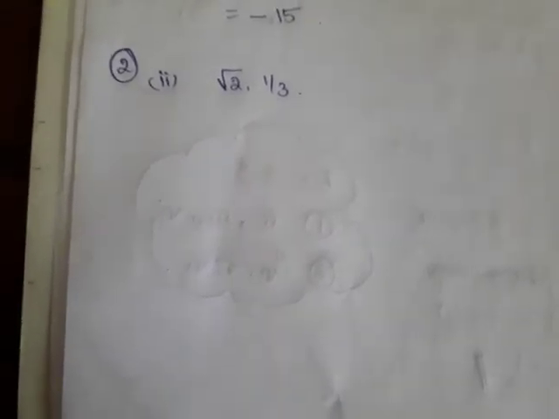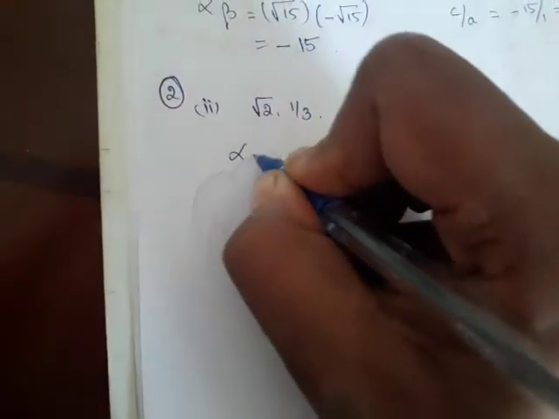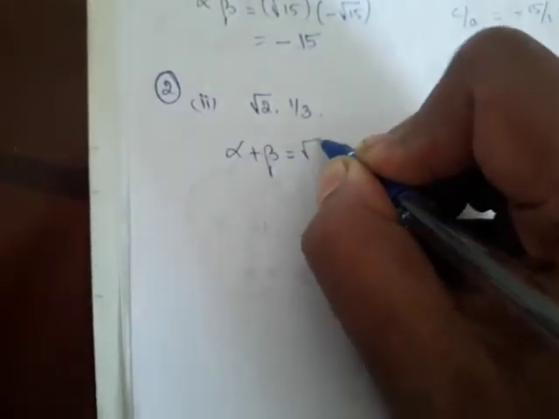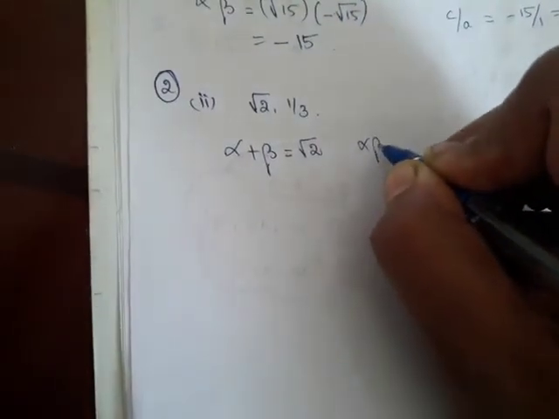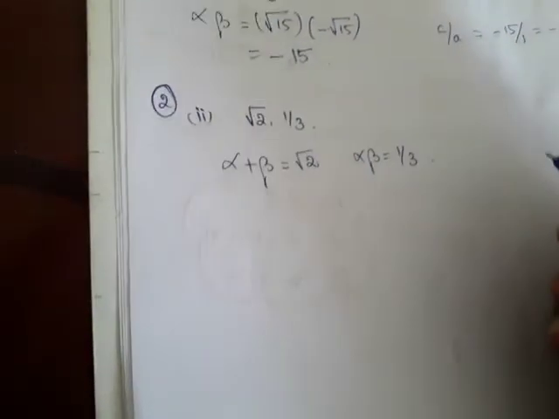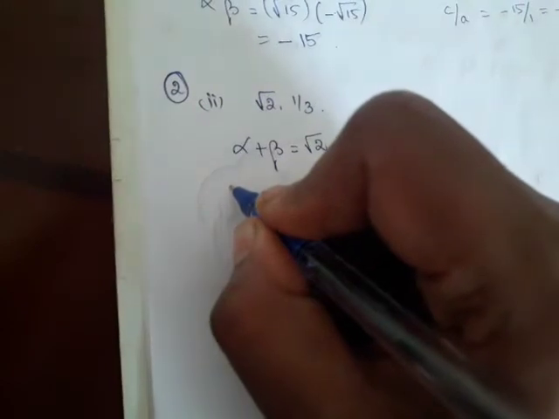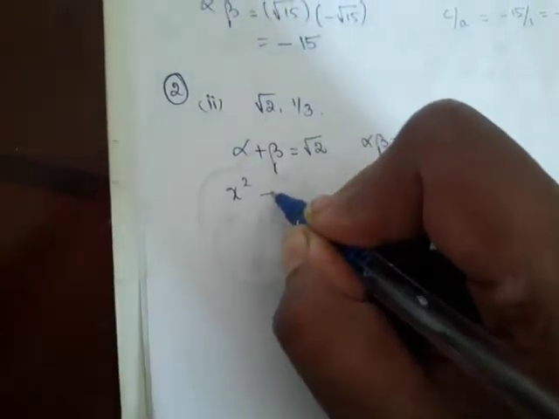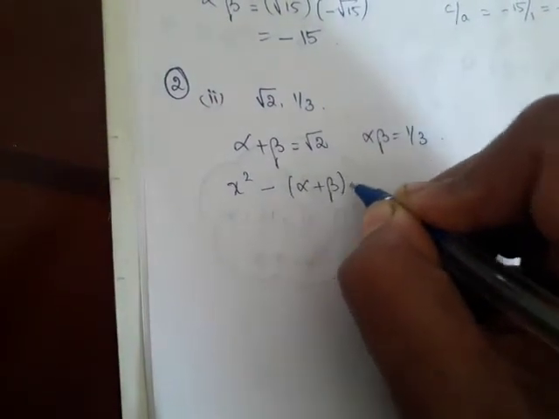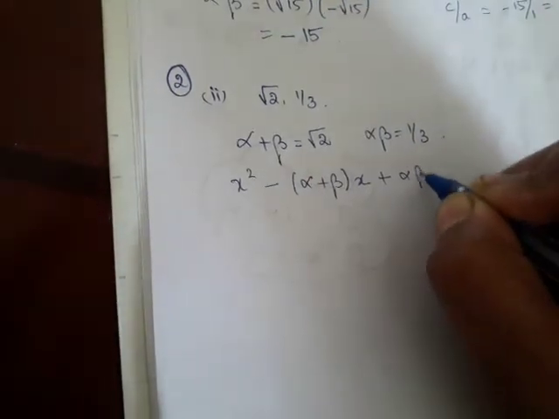The question is to frame the quadratic polynomial where the first value is the sum of the zeros and the second value is the product of the zeros. So alpha plus beta is root 2 and alpha beta is 1 by 3. Now we need to frame the quadratic polynomial. What is a quadratic polynomial? X square minus sum of the roots into x plus product of the roots.